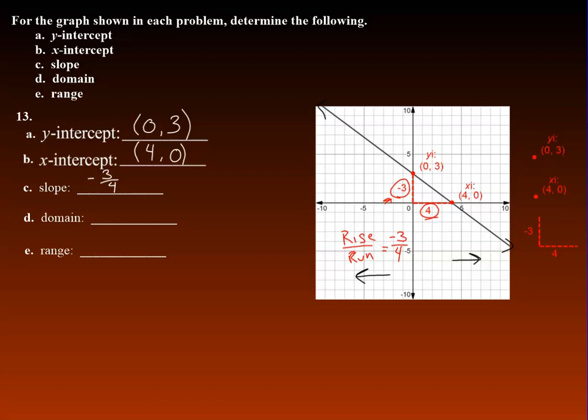So our domain, we would say, is all real numbers. You could write it also as negative infinity to infinity, and we use parentheses for that. Both of those would count as our domain.